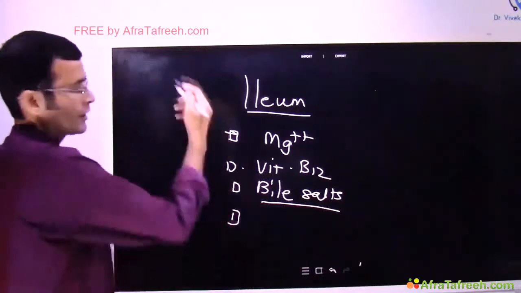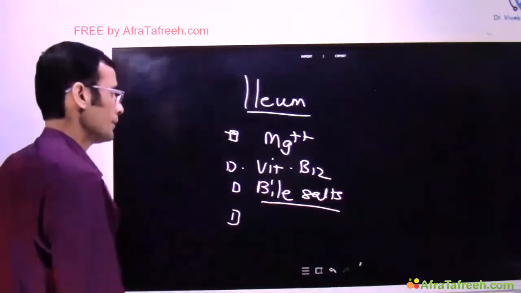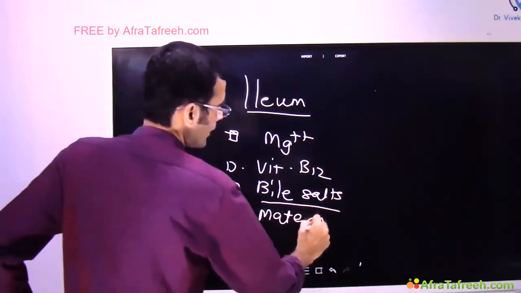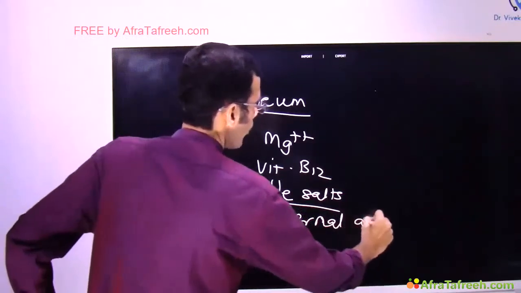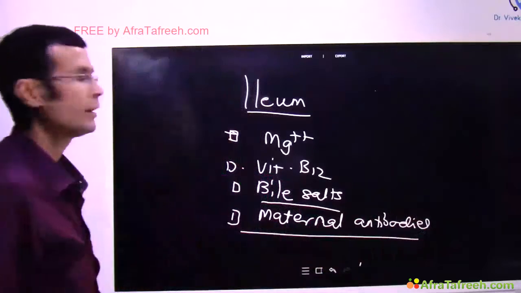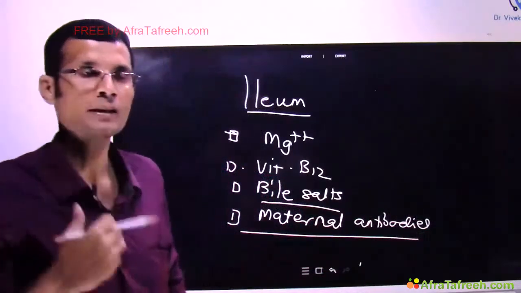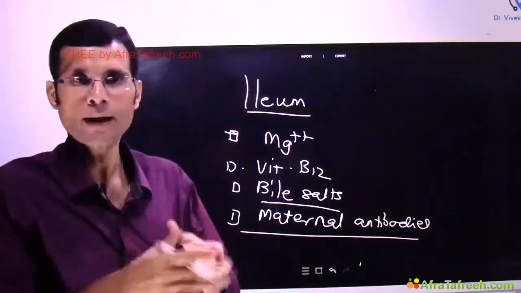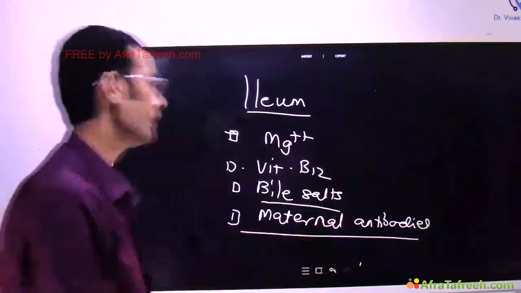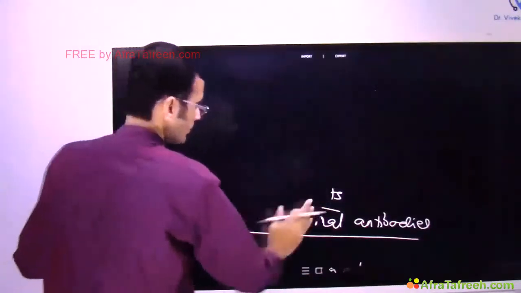Well, so bile salts are absorbed from the ileum in that sense, for enterohepatic cycling. Maternal antibodies in the newborn are absorbed from the ileum. You know, in the newborn baby, maternal antibodies through the milk, for instance, are absorbed from the ileum. So these are some of the things absorbed from the ileum.